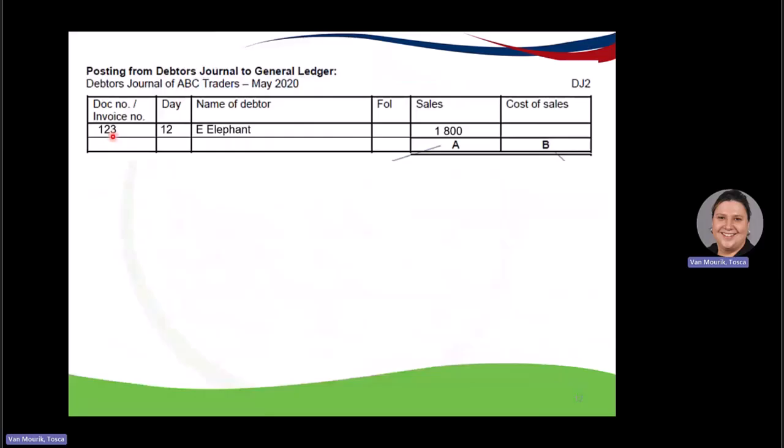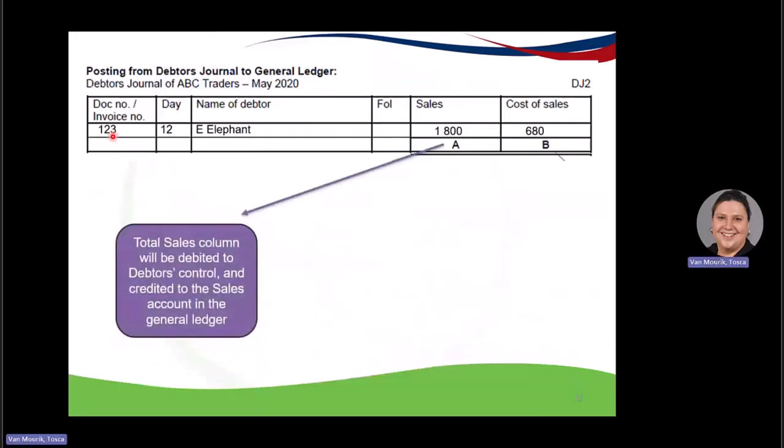Sales was 1.8 and cost of sales was 680 Rand. Then the total sales column, as we already mentioned, will be debited in the debtors control account, and we will credit the sales account in the general ledger.